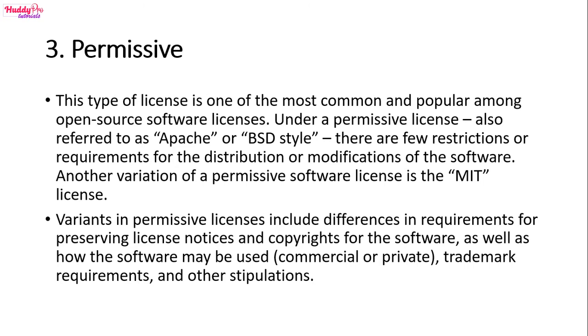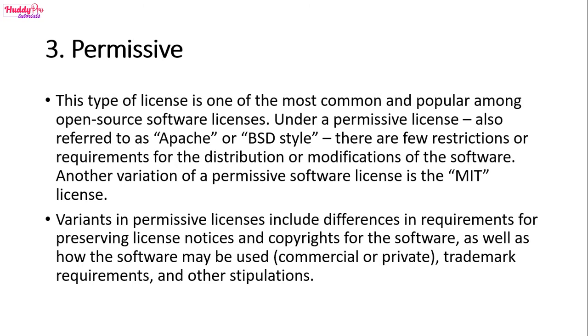Now, this type of license is one of the most popular among open source software licenses. Under the permissive license, you have few restrictions. So that means permissive licenses are not like the GPL, but rather they have restrictions, however few.